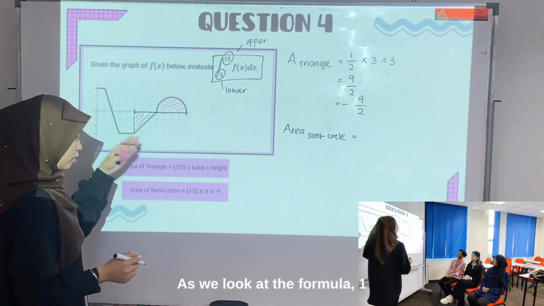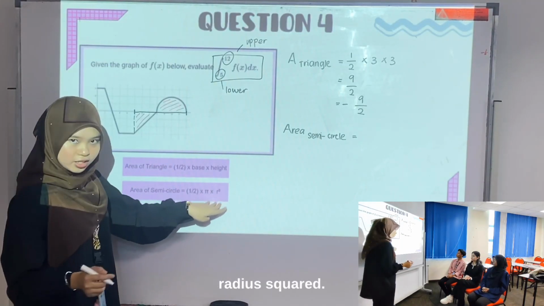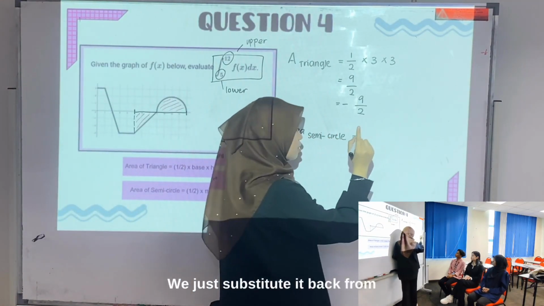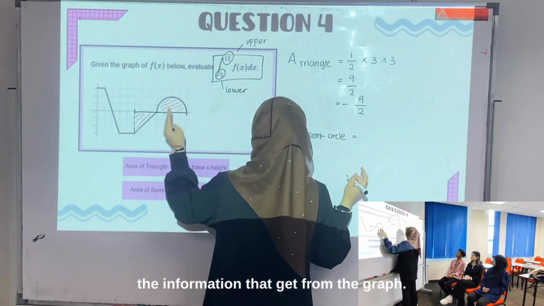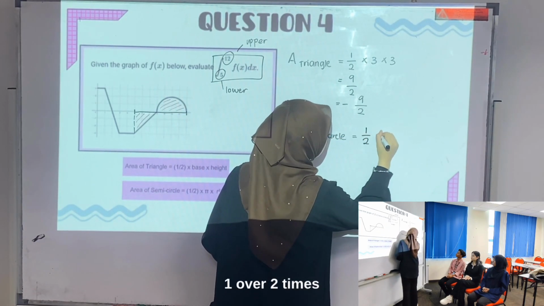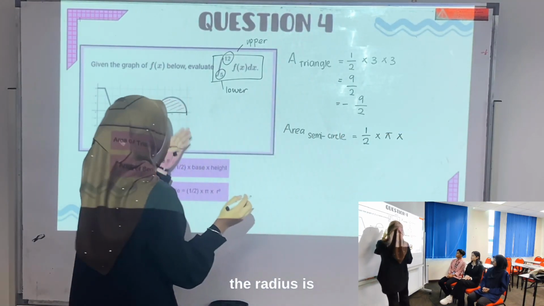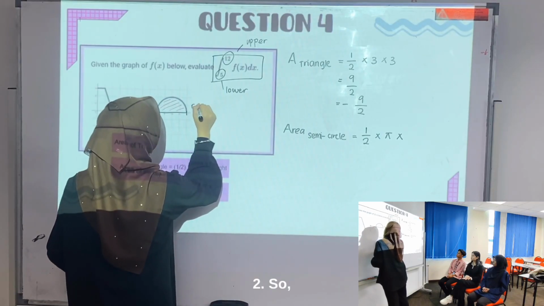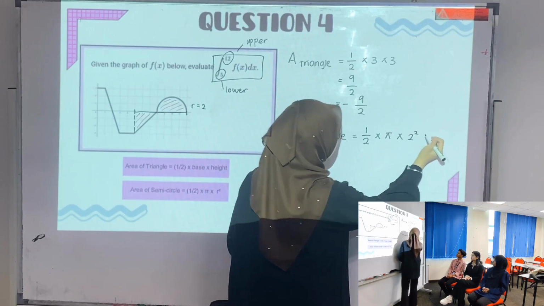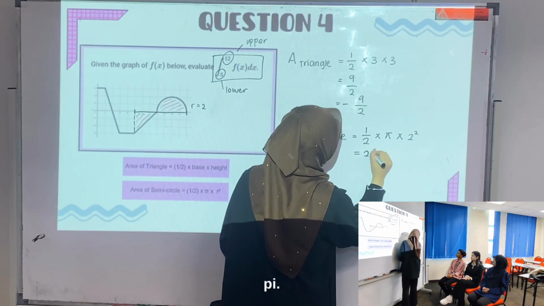As we look at the formula, 1/2 times pi and times radius squared. We just substitute it back from the information that we get from the graph. 1/2 times pi and times the radius is 2, so it will be 2 squared. So the answer is 2 pi.